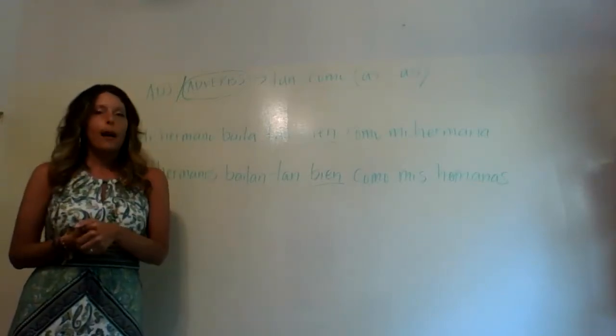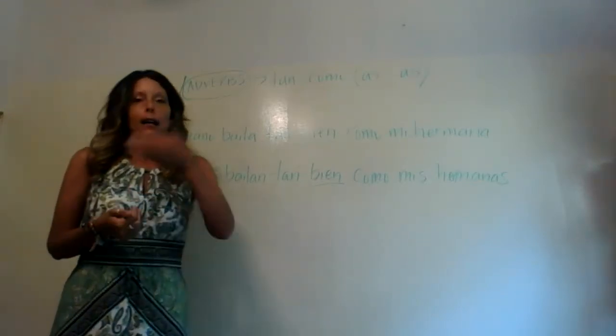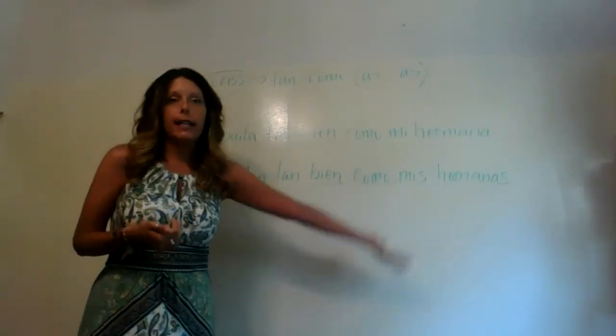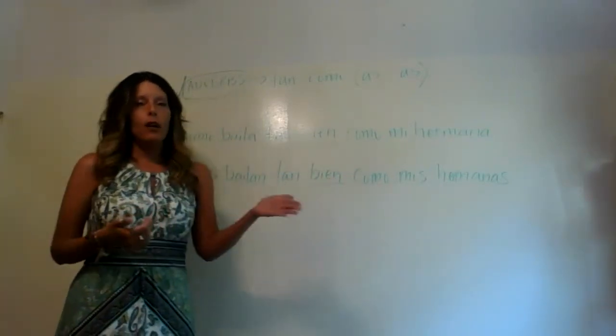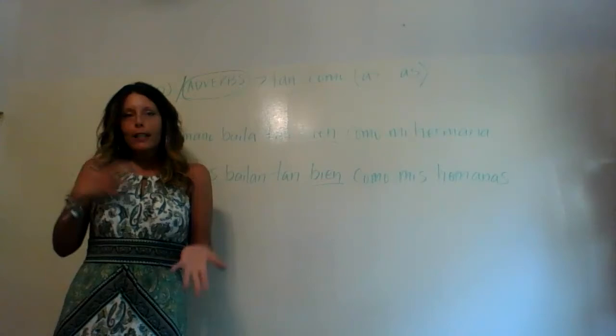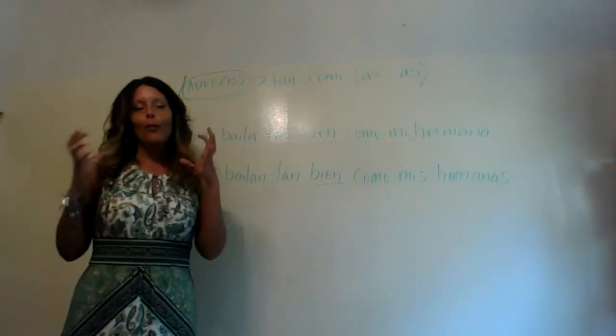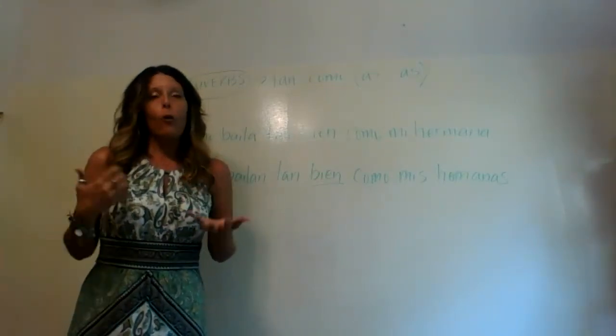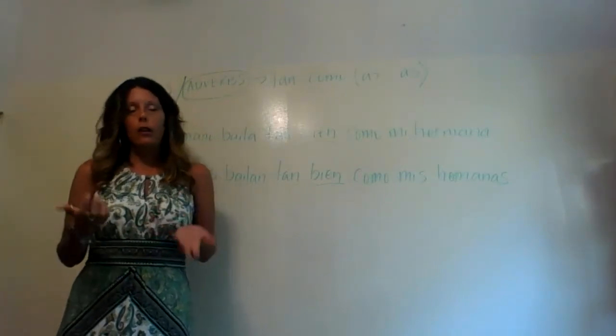We could use an example like, I run as fast as she runs, or she runs as slowly as I run. It doesn't matter what adverb, whether it's fast, rápido, or whether it's slow or slowly.